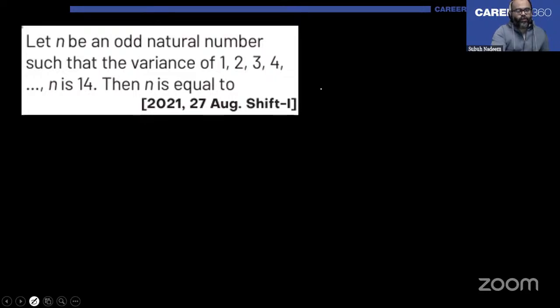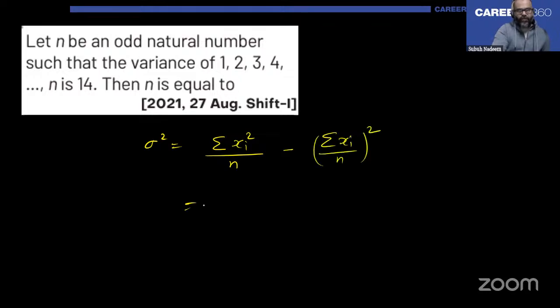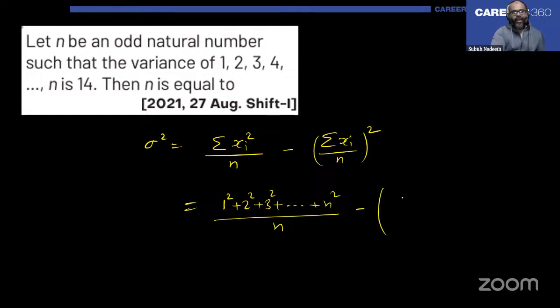Okay, so variance is sigma of xi square by n minus (sigma of xi by n) whole square. So sigma of xi square will be 1 square plus 2 square plus 3 square, so on till n square, and total observations are n. And sigma of xi will be 1 plus 2 plus 3 till n, by n, whole square.